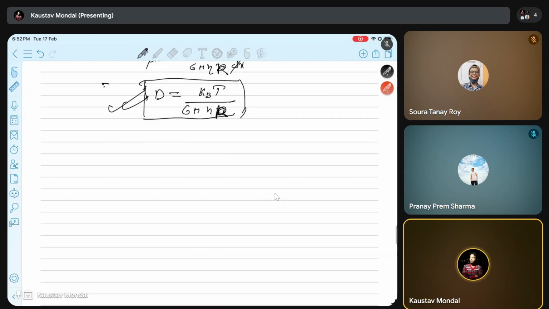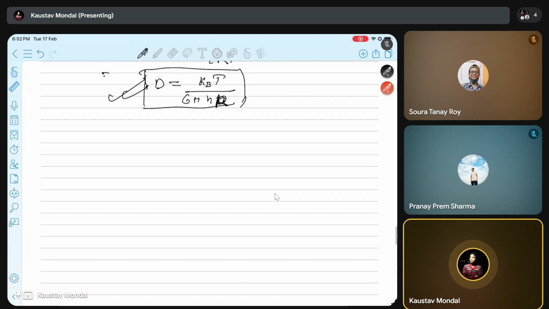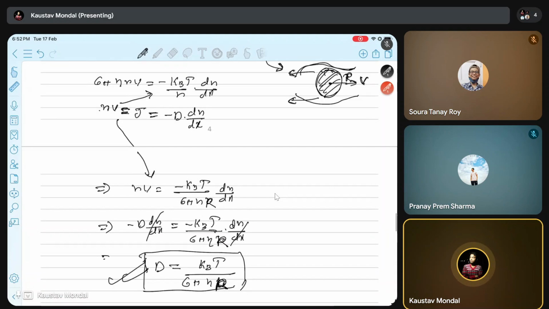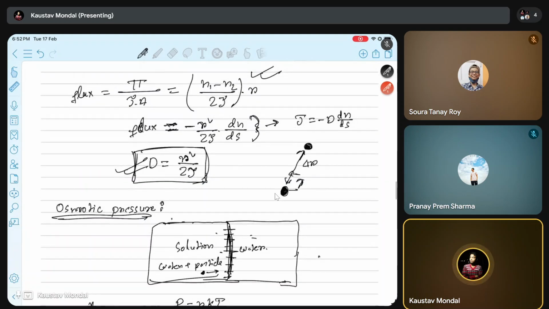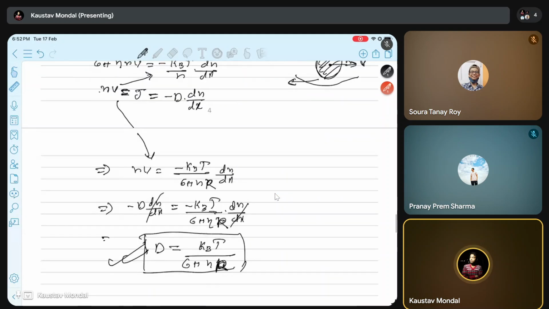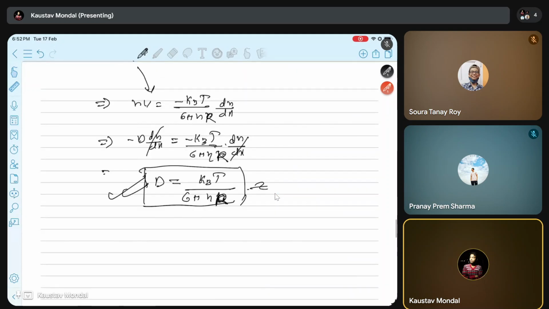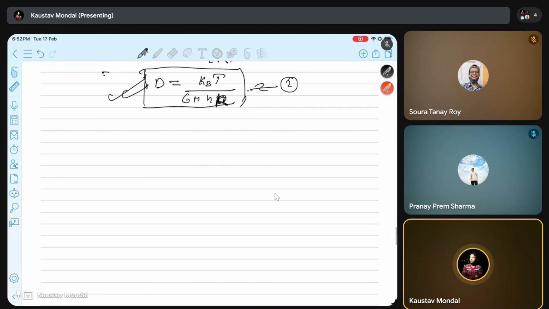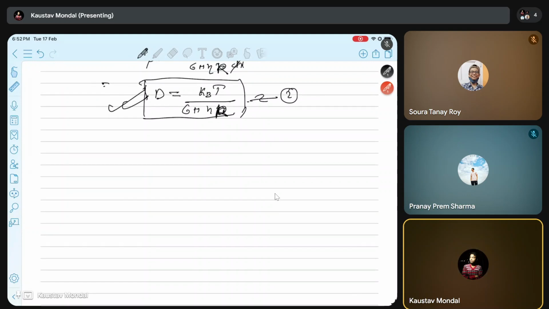Now if you compare the previous two expressions of the diffusion constant, this is the one and this is the two. If you compare expressions one and two, you will get that kBT over 6 pi eta R is given by r square over 6 tau.